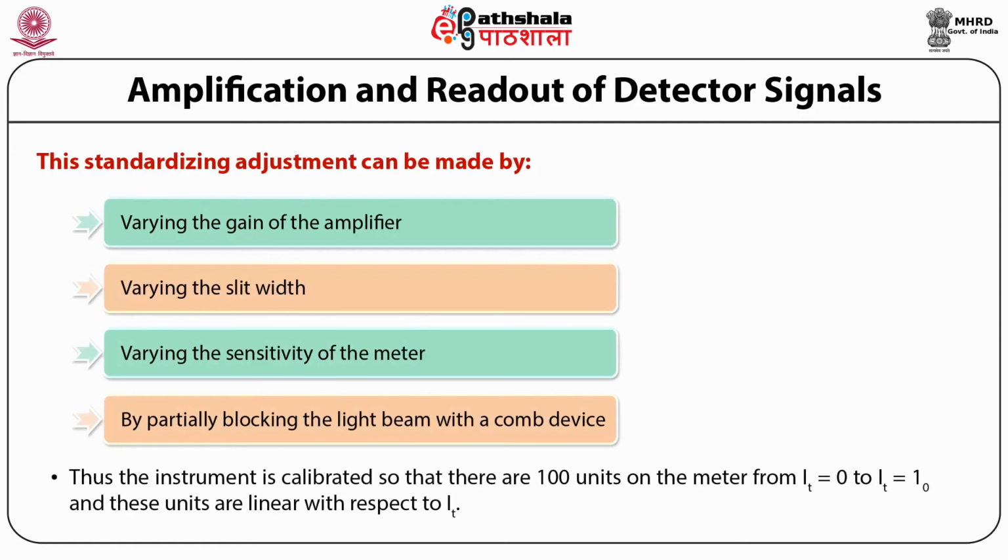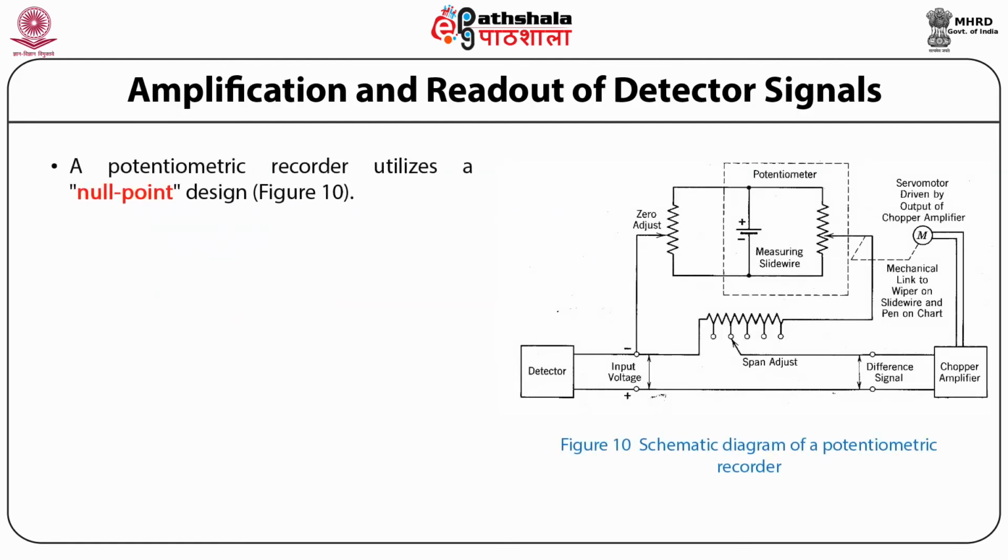Thus, the instrument is calibrated so that there are 100 units on the meter from IT equal to 0 to IT equal to IE, and these units are linear with respect to the I. A potentiometric recorder utilizes a null point designed by mechanically adjusting its output voltage to be equal and opposite to the output signal from the detector amplifier as shown in figure 10.